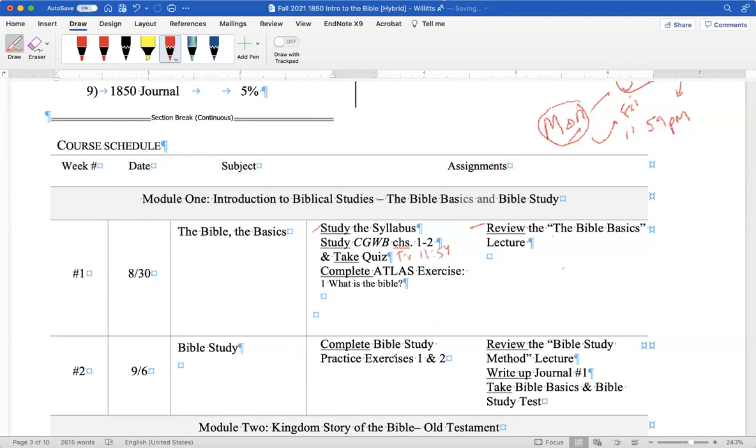Okay, then the second week, we're talking about Bible study. During this week, you'll be doing Bible study practice exercises. There are 2 practice exercises. Now, this will be a bit different week as well, because one of the days of the week is a holiday. So the due dates are shifting this week, such that you actually don't have anything you have to turn in on Friday.